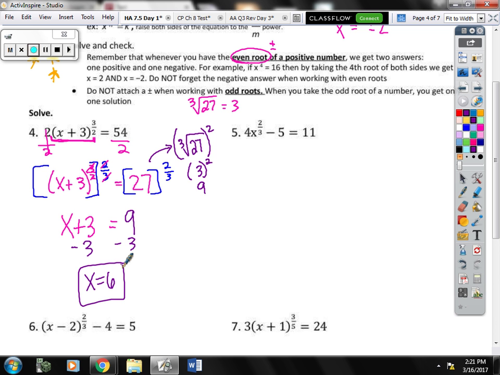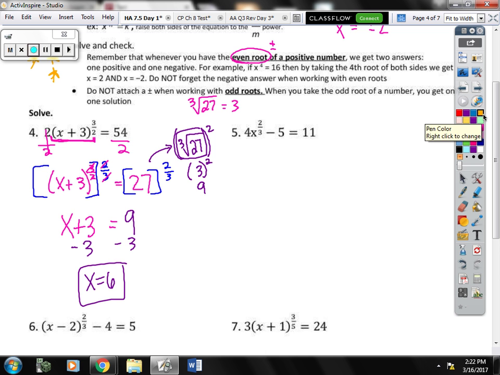If it were an even root, we would put a positive or a negative right here. Then you'll square the positive and the negative, or apply whatever operation. So it's going to be attached to whatever you got in the set. Not necessarily. Sometimes it happens.